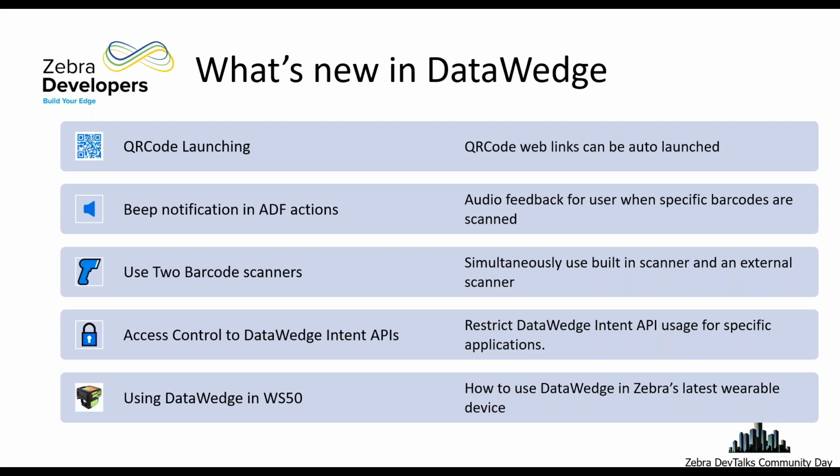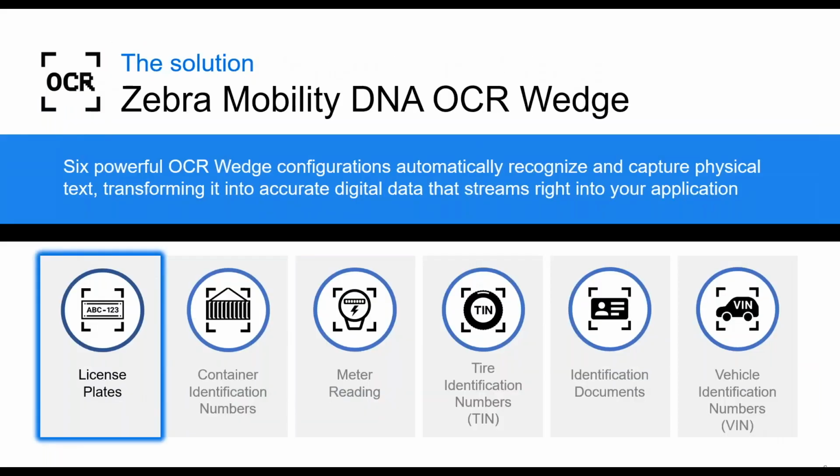Okay, so we are going through some of this in detail in the next few slides. Let's go into OCR wedge first. As we talked about, license plates, container identification numbers, meter reading, tire identification, and ID documents such as passports or your national identity card can be scanned with identification document capturing.